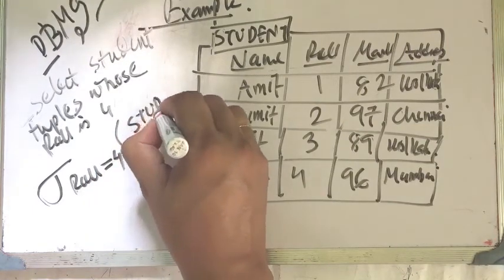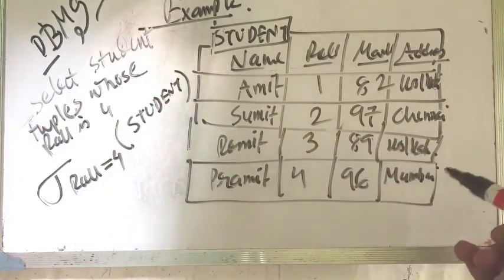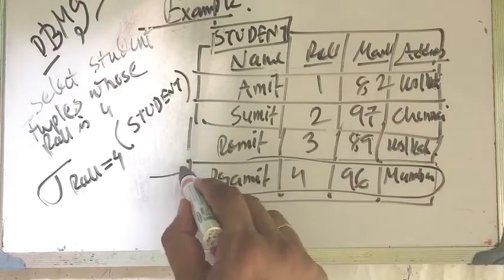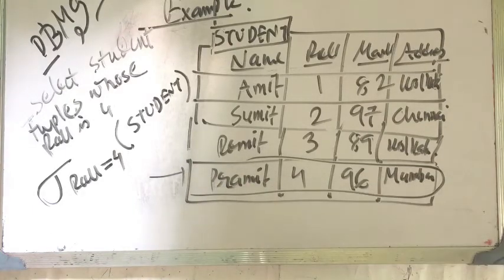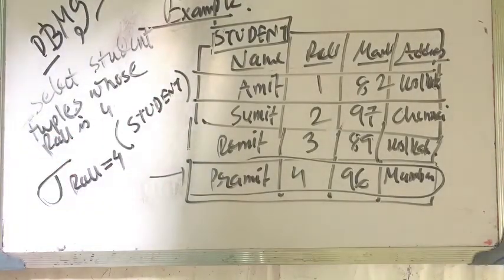So this is the basic structure to filter. It is used to filter in; it is not possible to display with it. There is a project operator through which we can display the information. Sigma roll equal to 4, this is the condition, and the table name is student.